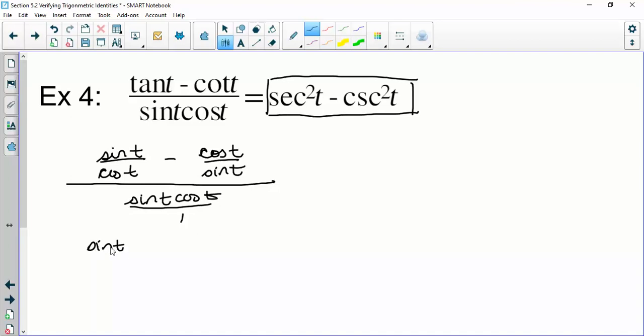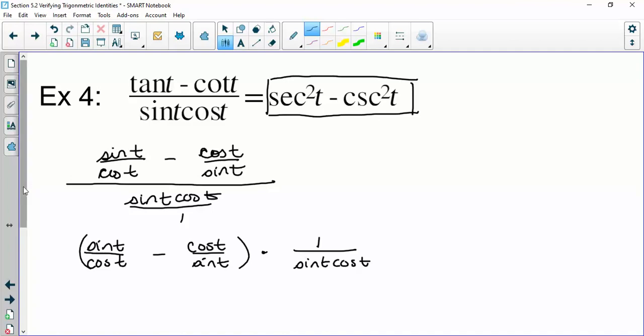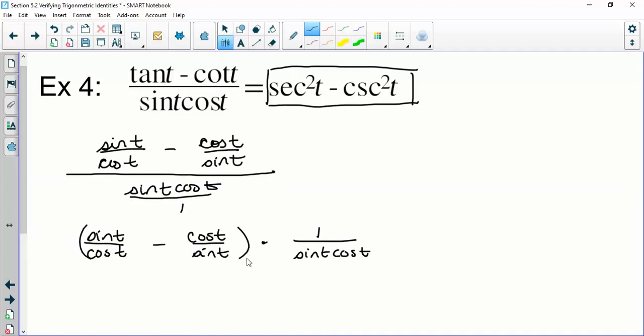So the top of the fraction wouldn't change. Now we take it times and flip this: 1 over sine t, cosine t. What would you have to do now?